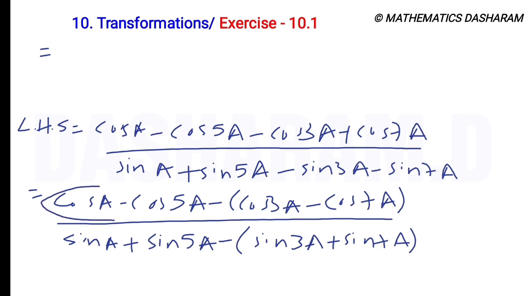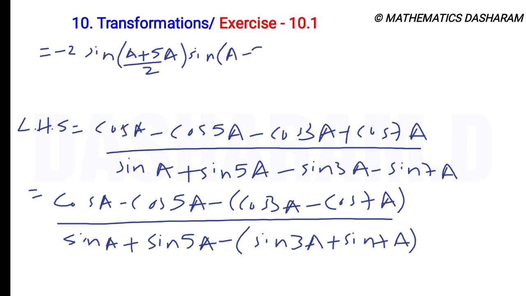For this you apply one formula, that is cos C minus cos D, it is equal to minus 2 sin (C plus D) by 2 into sin (C minus D) by 2. So here minus 2 sin (a plus 5a) by 2 into sin (a minus 5a) by 2.